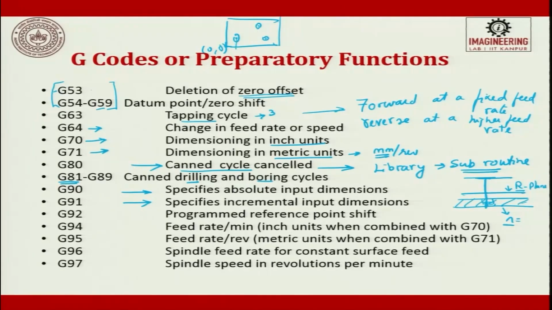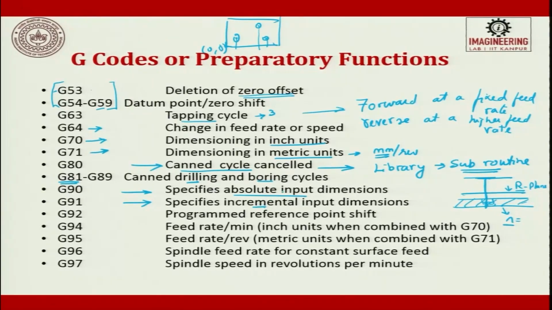If I say absolute, all the datum will be taken with respect to this 0,0. Such programming I will call absolute input dimension programming. When I have to take with respect to the previous point, then it becomes incremental.